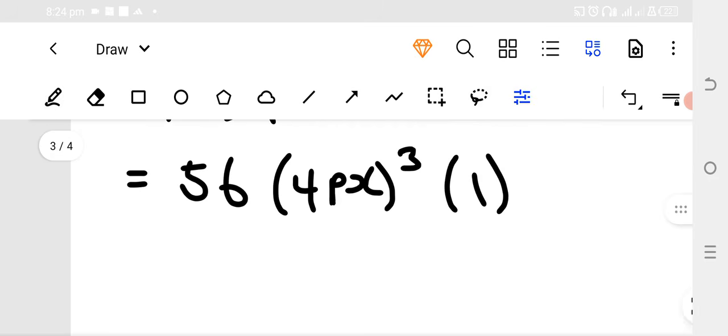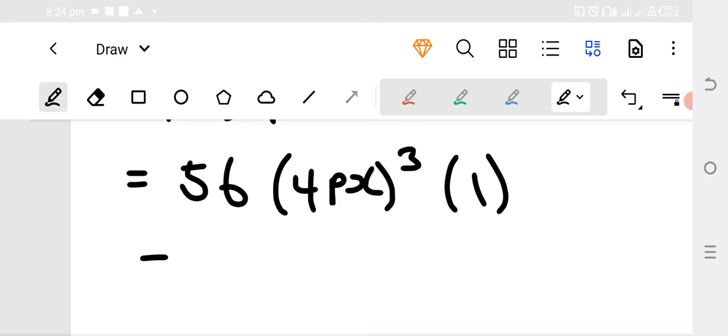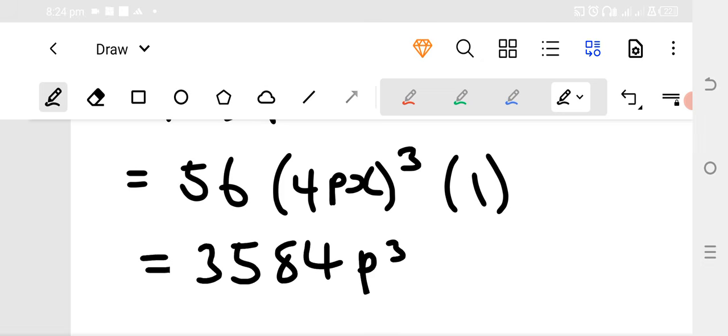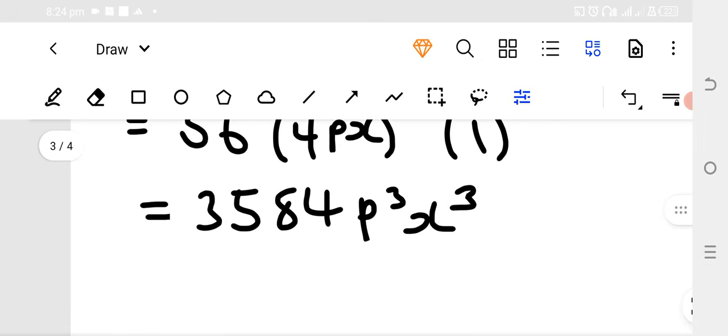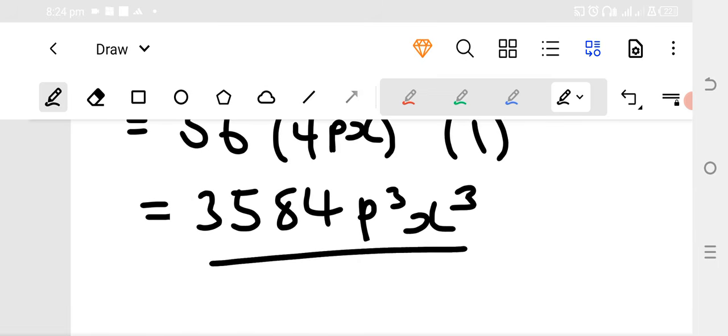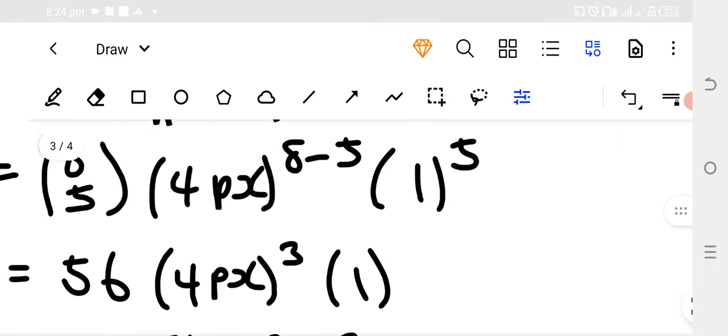And then we can simplify. So we're going to have 56 times 4 cubed, which is 3584 p cubed x cubed. That is the answer we're finding, which is the term having the x cubed.